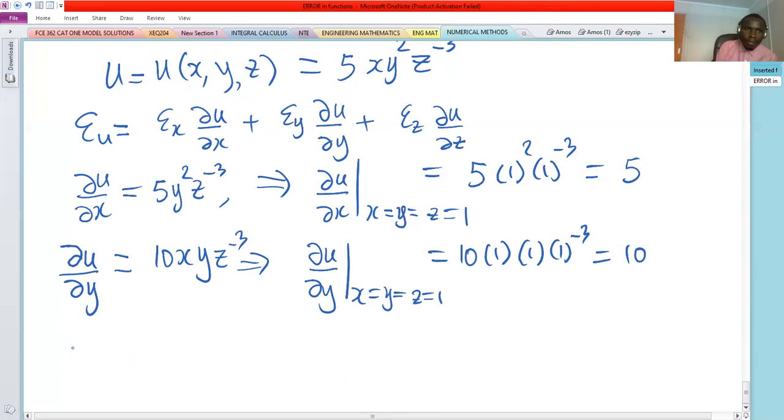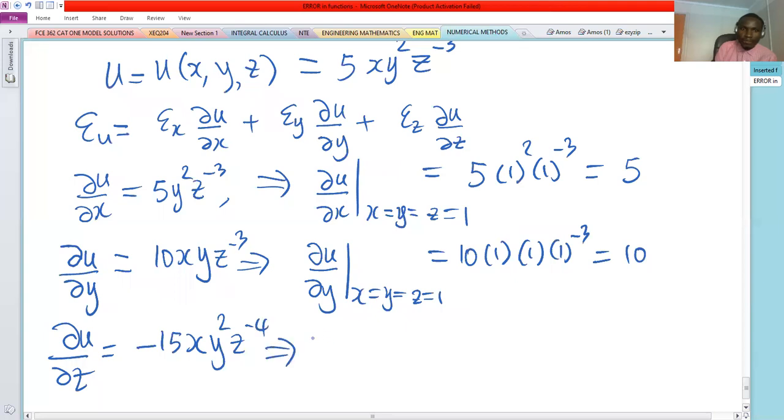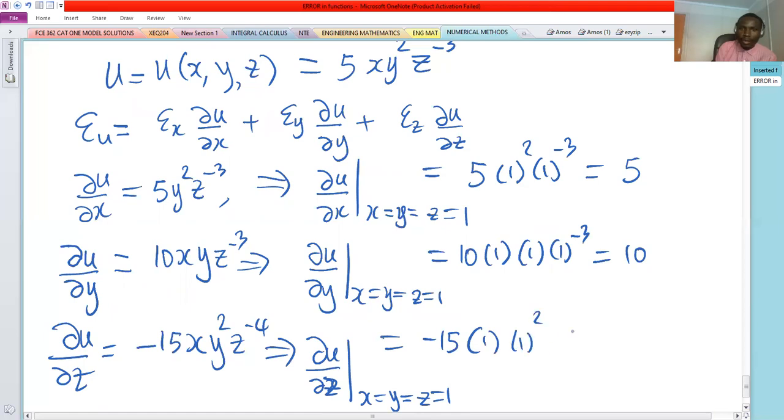And then partial u partial z, from this one we'll get minus 15xy squared z to the minus 4, which at the point x equals y equals z equals 1 will be minus 15.